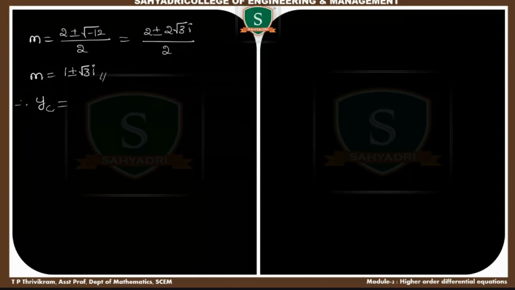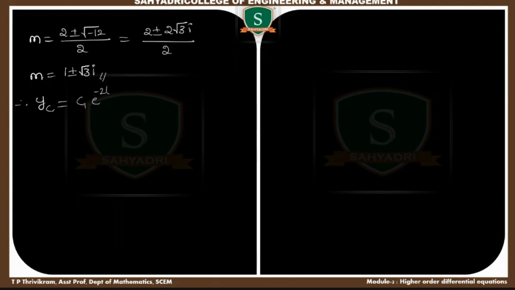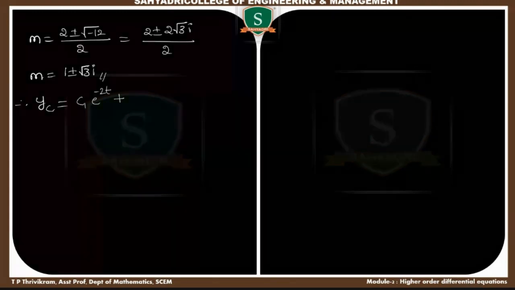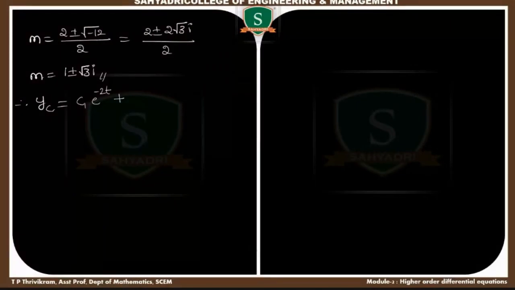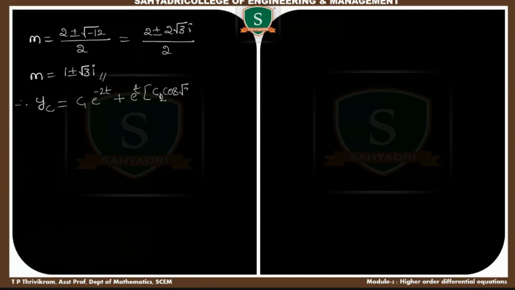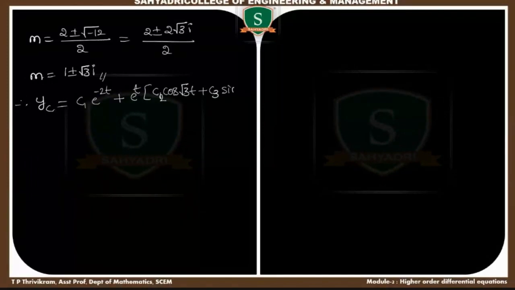So therefore, yc will be how much? C1 e raised to minus 2t, okay, C1 e power minus 2t, plus e raised to t into C2 cos root 3t plus C3 sin root 3t. Okay.